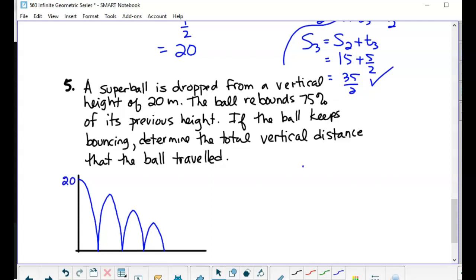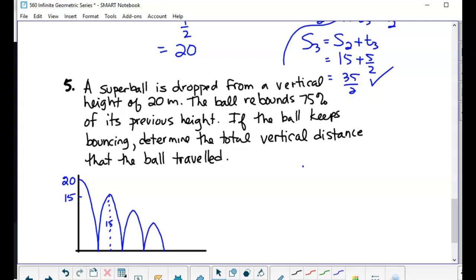So this is 20. So the ball rebounds 75% of its previous height. So that means this height here, that would be 15, right? Because that's 75%. So this is 15 here if you want to label that. If the ball keeps bouncing, determine the total vertical distance that the ball traveled.